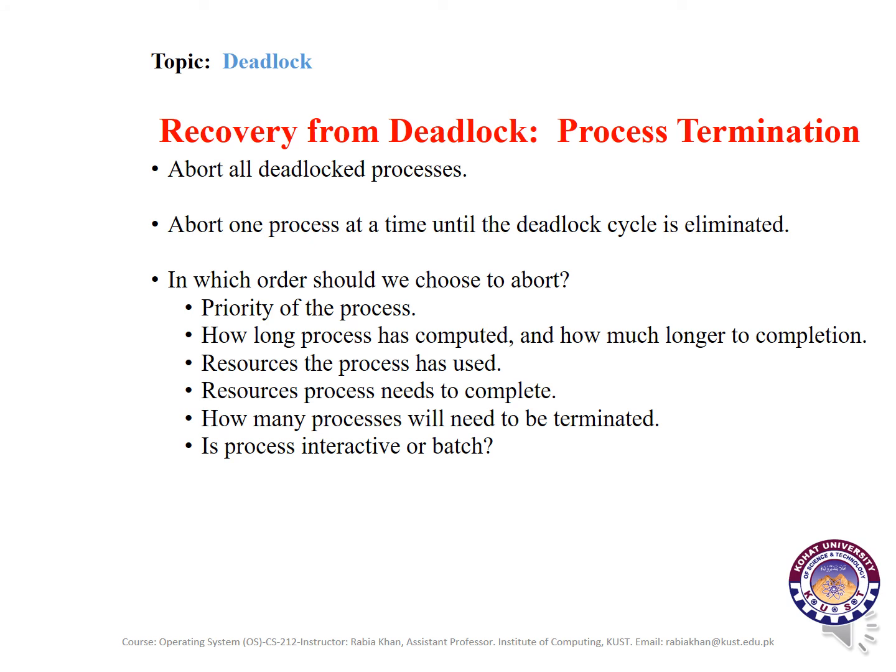Now the question is, if many processes are stuck in deadlock, which process must be terminated first? The selection of a victim can be done in different ways. The operating system can check the priority of the processes. A higher priority process will not be terminated first; instead, a low priority process will be selected first as a victim.